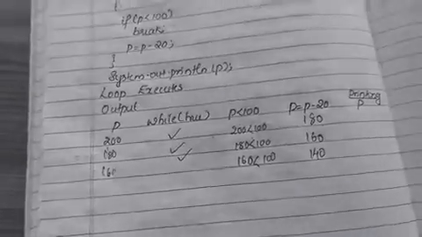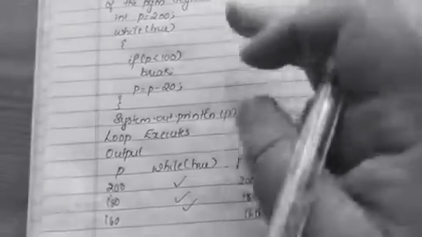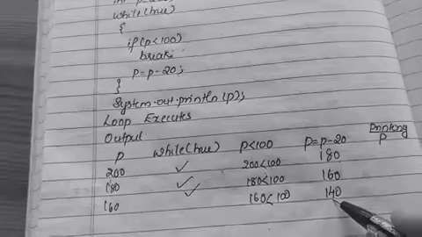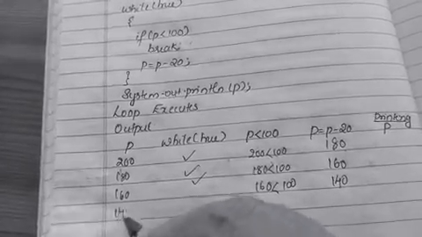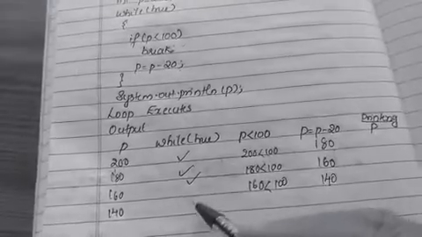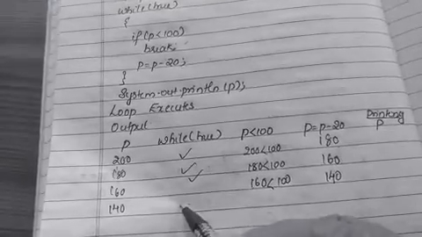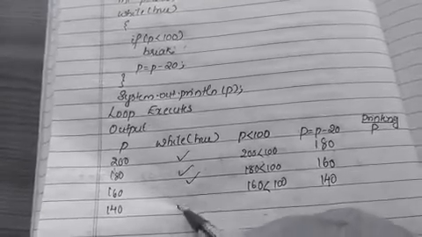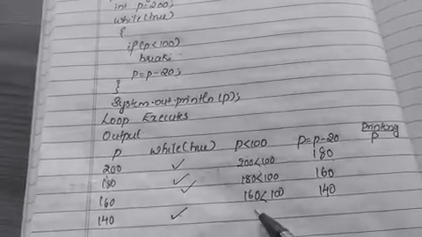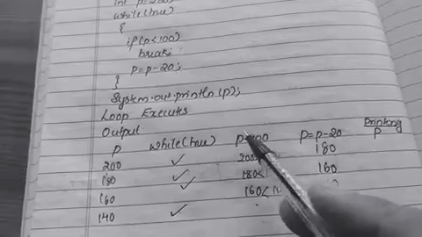Then we will again go to the loop with the value of P. What is the value of P now? It's 140. While true, yes. While P equal to 140, it is true. The condition is true. We will come inside the loop and check a condition: if P less than 100.